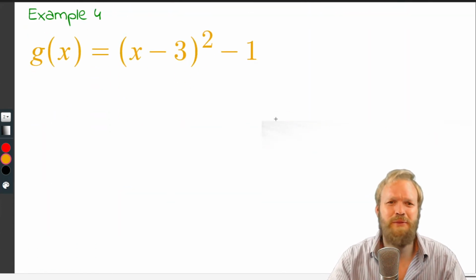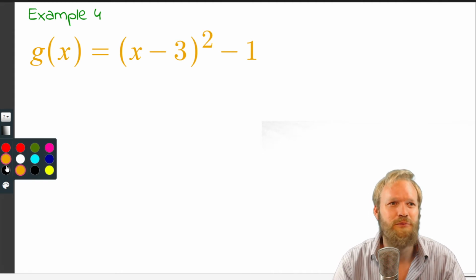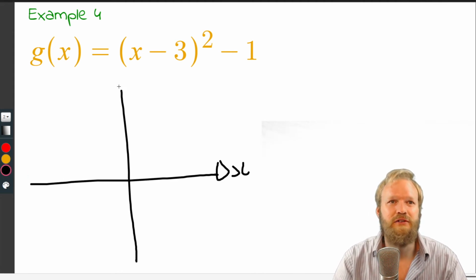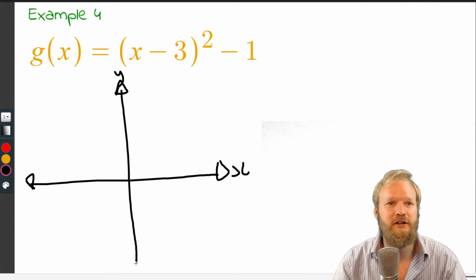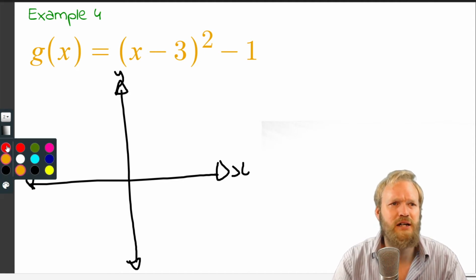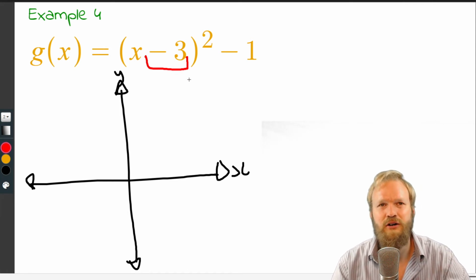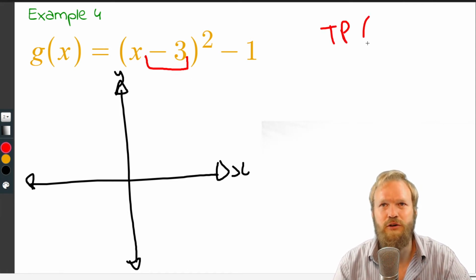Another parabola, but this time in turning point form. So we're like, cool, let's draw a set of axes, x and y. There it is. Now, this time we saw, okay, well, this is turning point form.